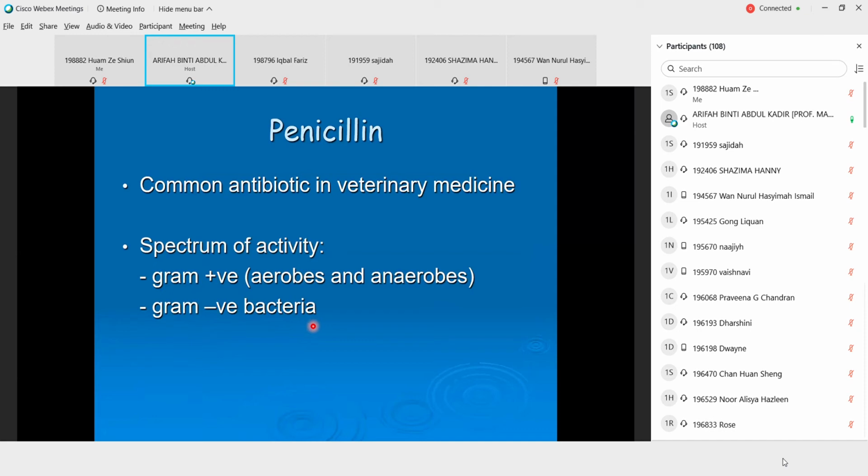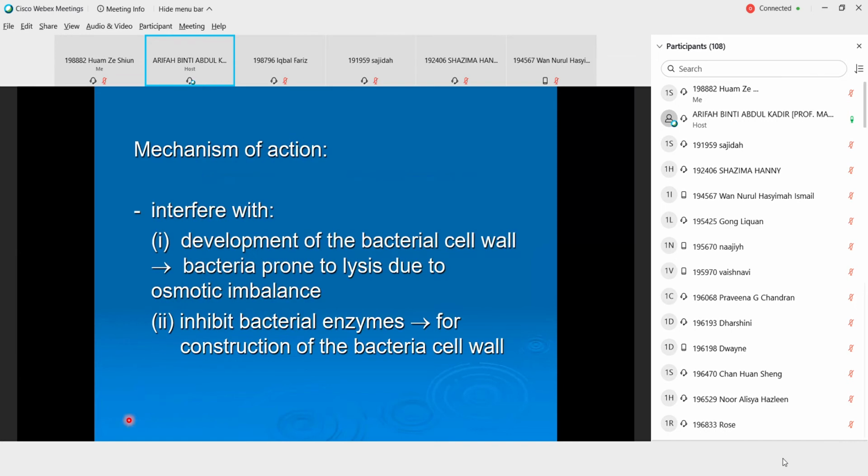The older generation is only effective against gram-positive bacteria. When they improved the formulation, it came out with a formulation where the drug can kill both gram-positive and gram-negative bacteria. So briefly, the mechanism of action.